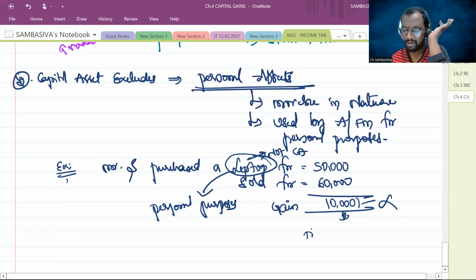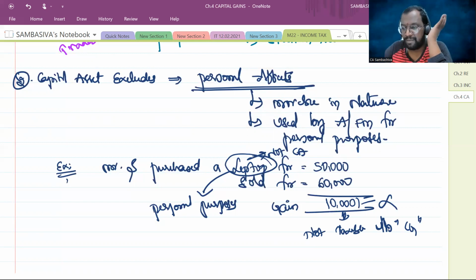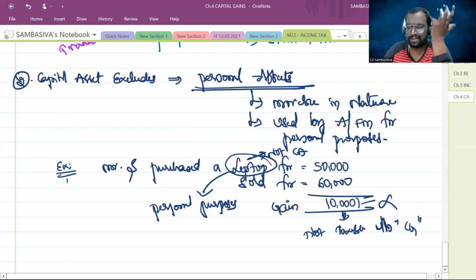Is everyone following now? Right, because a laptop is a movable asset and you have used it for your personal purposes. Not a capital asset, not taxable under the head capital gains.